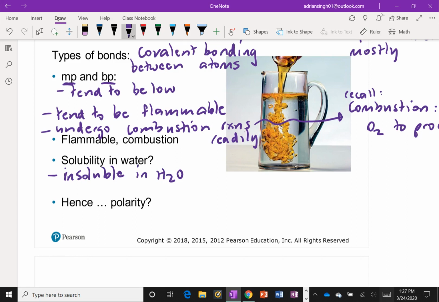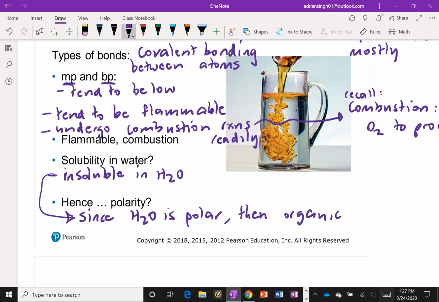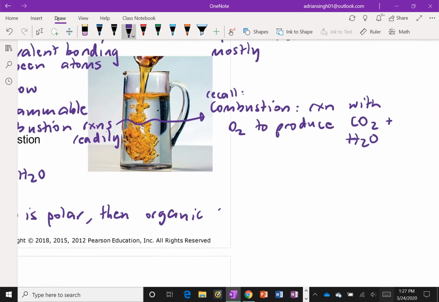And because our organic compounds are insoluble in water, and we know that water is polar, if your organic compounds don't dissolve in it, then your organic compound or molecule is going to tend to be non-polar.